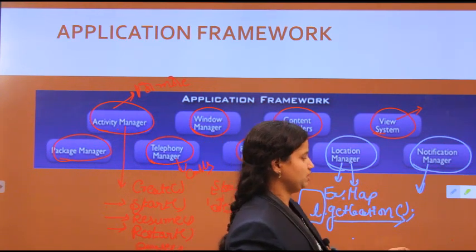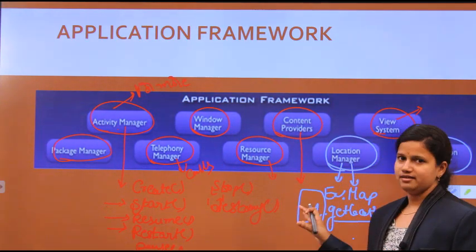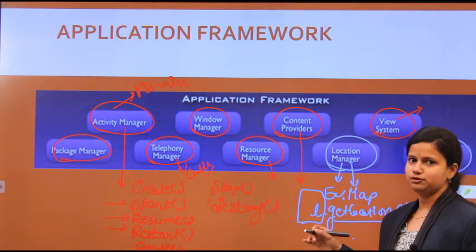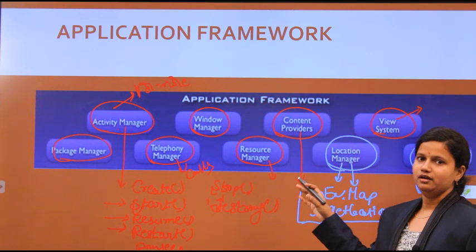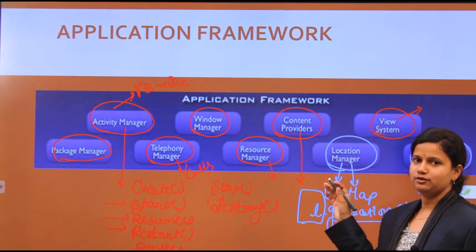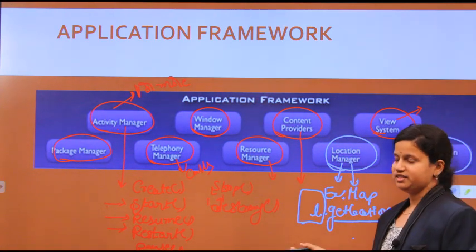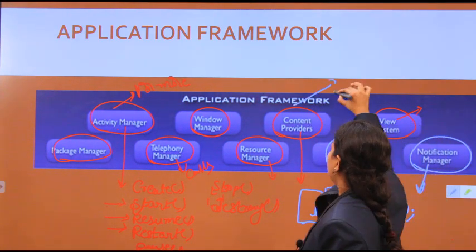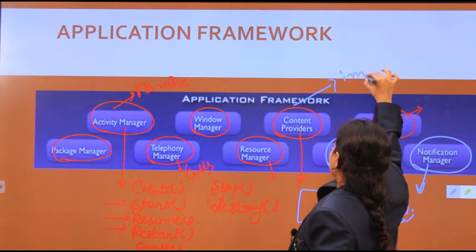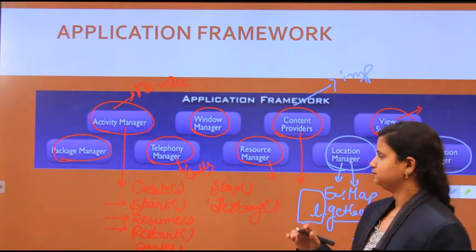Notification managers work the same way. All these manager classes help us to reduce the coding, because this code is already implemented. We just create those objects and use the corresponding already available methods. That's why the application framework is the main important part in the architecture of Android.